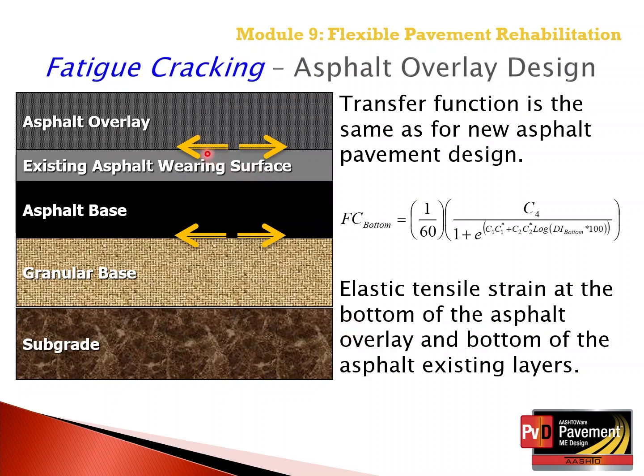So it's the tensile strain at the bottom of the overlay and at the bottom of the lower asphalt layer that's used to define damage in the existing asphalt layers and asphalt overlay. And then once the damage is defined, the amount of bottom-up fatigue cracking can be calculated using the transfer function.